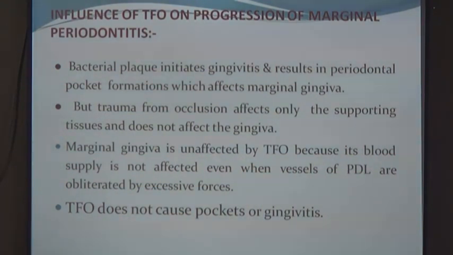In trauma from occlusion, you have to understand this very clearly. There is no gingivitis and no pocket formation because the blood supply is not affected. Only the blood supply of the supporting structure, the periodontal ligament, is affected. Understood? Clear? So the usual question they will ask: does trauma from occlusion give a pocket or not? No. Gingivitis or not? No.